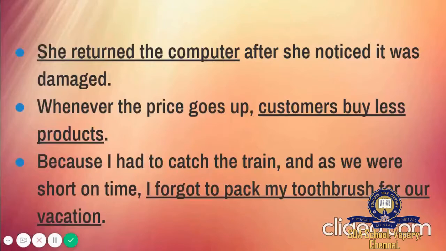Because I had to catch the train, and as we were short on time, both these things are subordinate clauses. I have already explained that a complex sentence can have one main clause and one or more subordinate clauses. So this sentence has two subordinate clauses and one main clause. So this is a complex sentence.